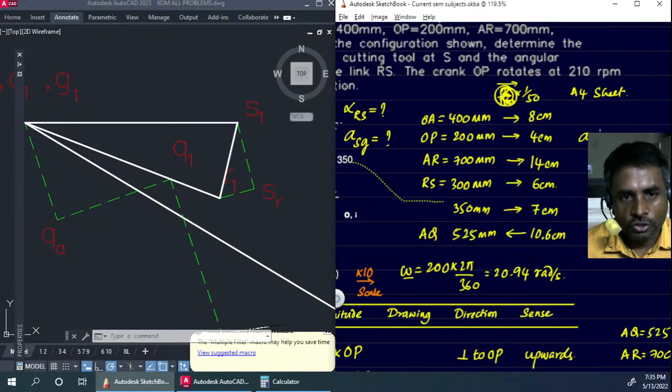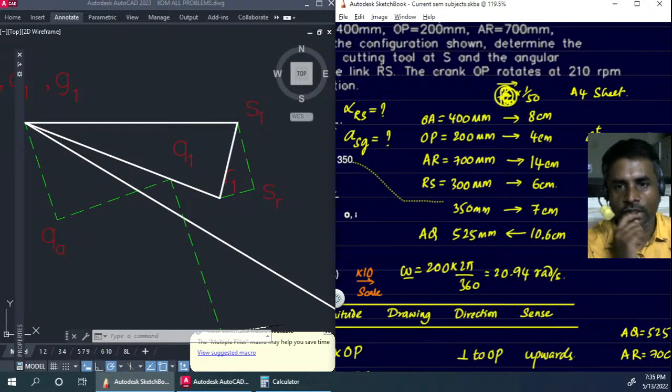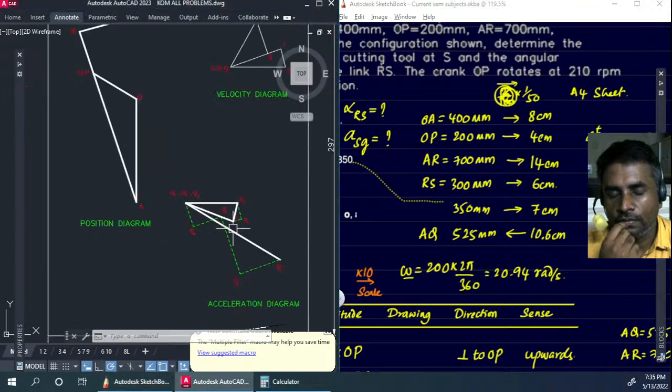So actually the tangential acceleration of RS, we can find it by multiplying alpha with the length RS. So that is what we have to take. So what is the tangential acceleration of R with respect to S?